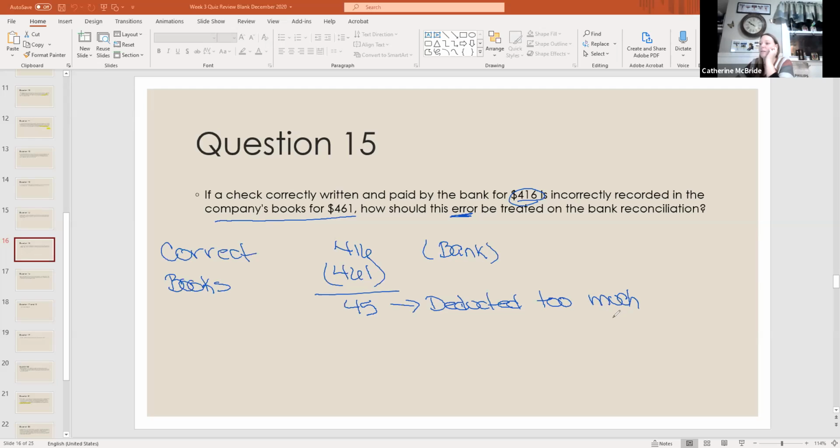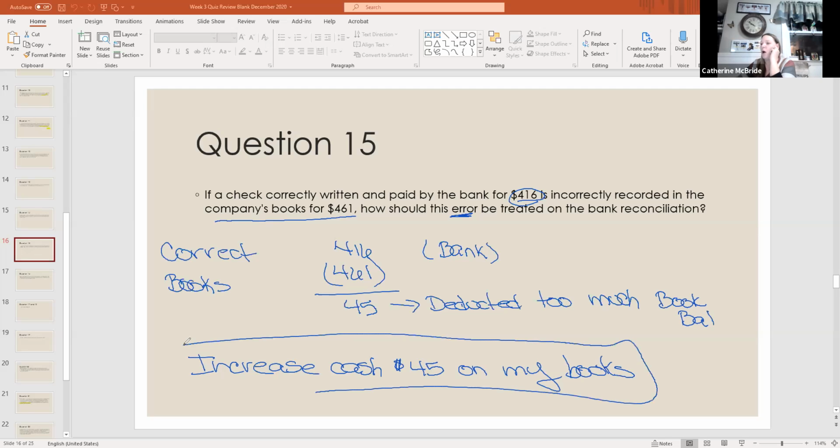So if I deducted too much from cash, I need to put it back. So I need to increase cash $45 on my books, not the bank.